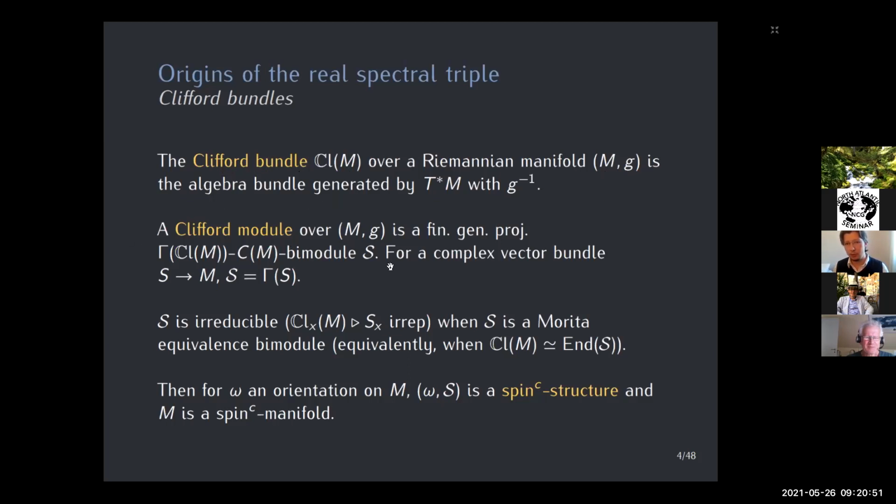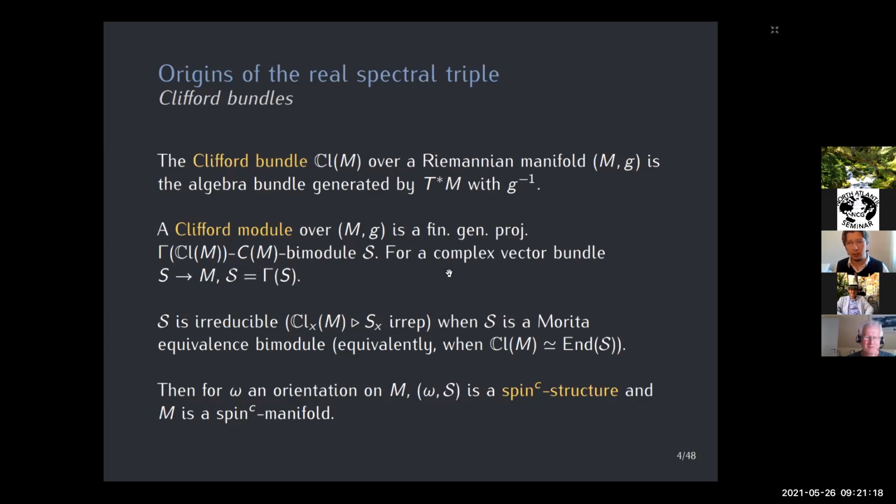Then a Clifford module over our manifold is a finitely generated projective bimodule, script S here, which is a left module for sections of the Clifford bundle and a right module for continuous functions. And I'll say here that for almost all of this talk, when I'm talking about Riemannian manifolds, I mean compact.